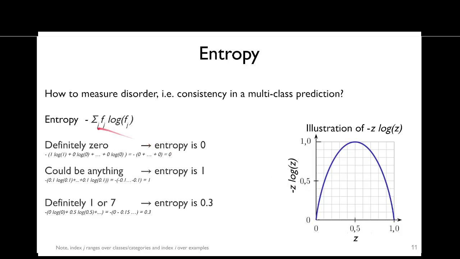So this concept is called entropy, and we sum this up over all of the values f that we have, as we showed here. In this case, this is called entropy and not cross-entropy, because we were comparing here the f, or we were multiplying the fj with a logarithm of fj.